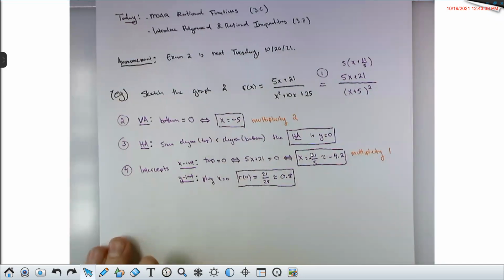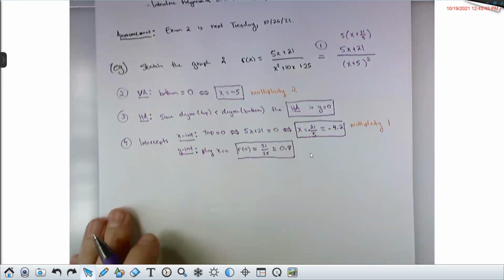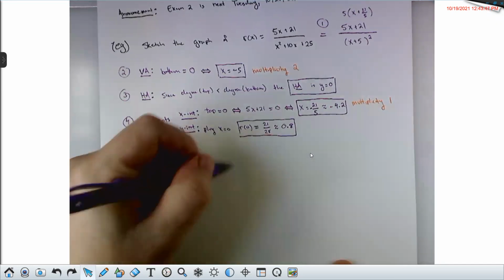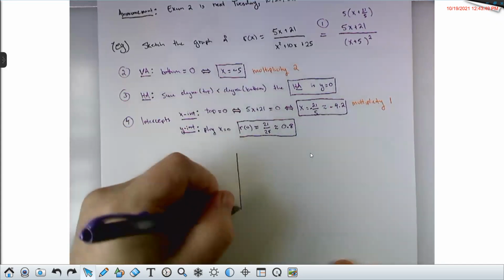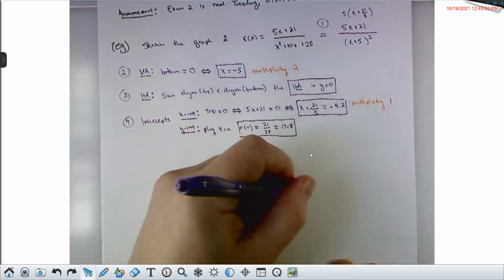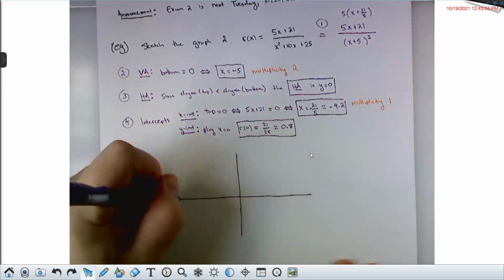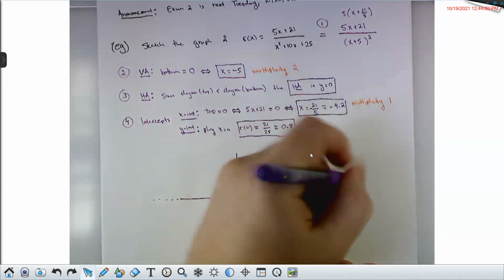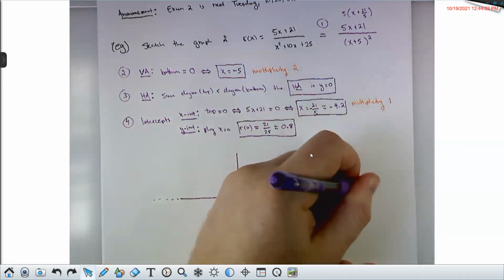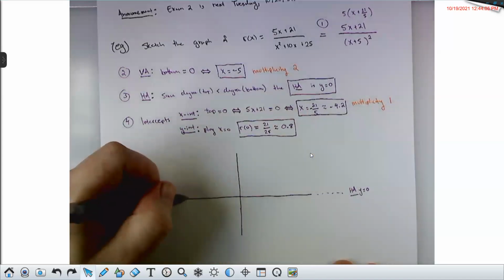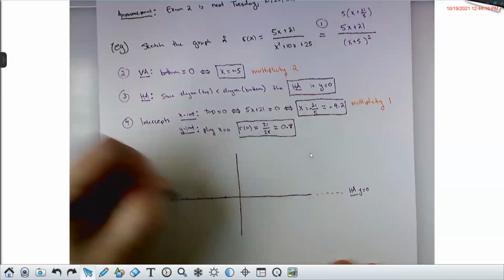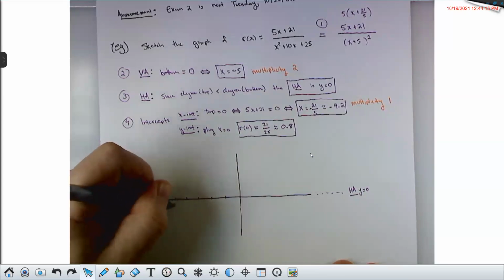And you'll see it's kind of like magic. From those multiplicities and the y-intercept, I will be able to get the whole thing. I think it's pretty cool. So my horizontal asymptote is this line y equals 0. My vertical asymptote, so here 1, 2, 3, 4, oh, I'm going to go a little further. Negative 5.